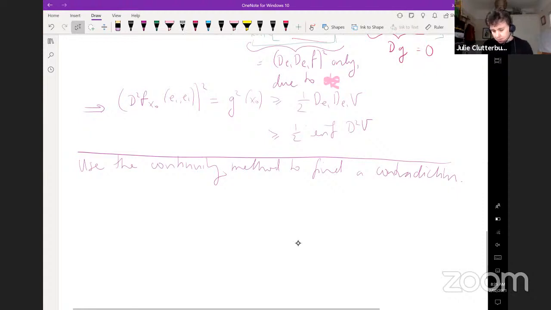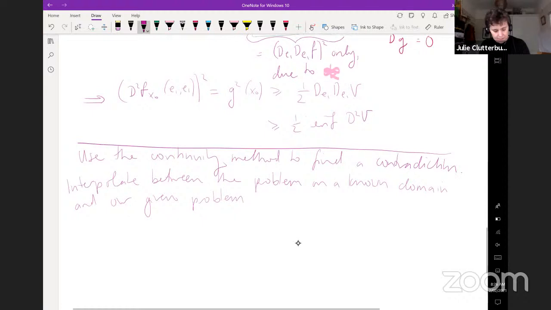This has already gone on for some time, so I'll just briefly describe how we do this. We interpolate between the problem on a known domain and our given problem that we're interested in.